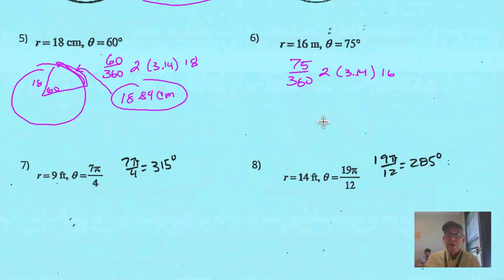We get 20.93. And our units are meters. So 20.93 meters. Let's look at number 7.